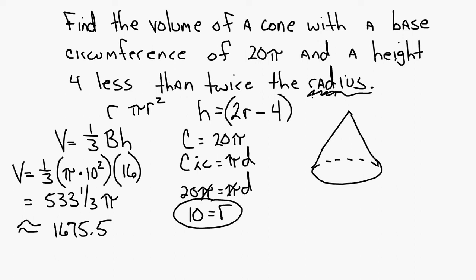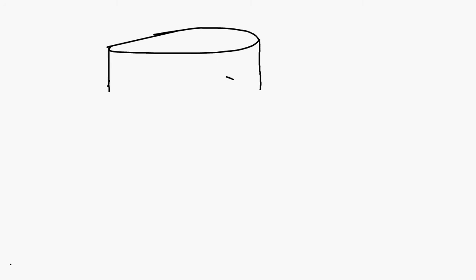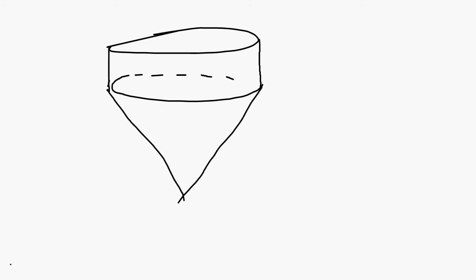Any questions there? Okay. You'll have a problem on your study guide. You don't need to write this down, hopefully. It looks something like this. And this. And this. And you're asked to find the volume.